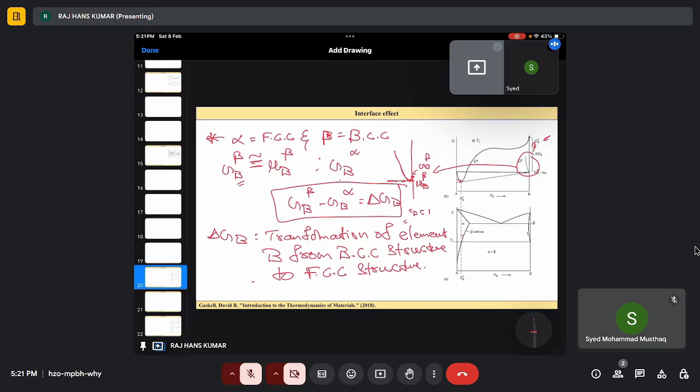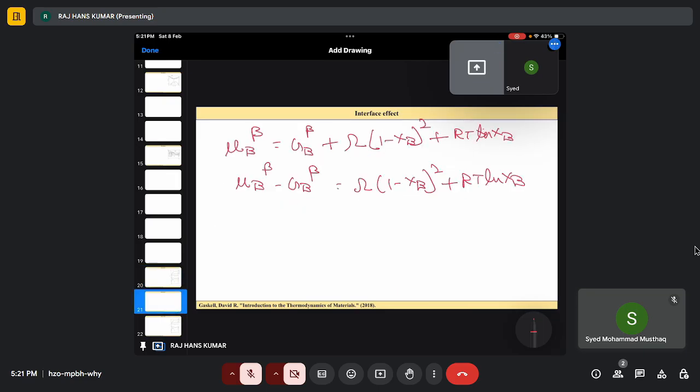So, at equilibrium, mu b beta will be equals to mu b alpha, right? So we can write it like this, right?